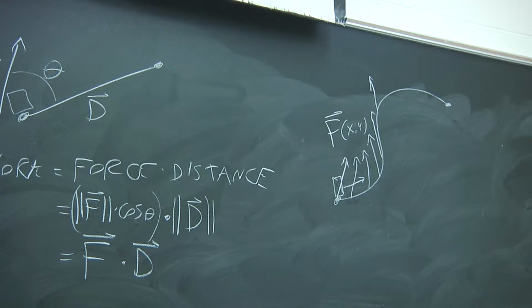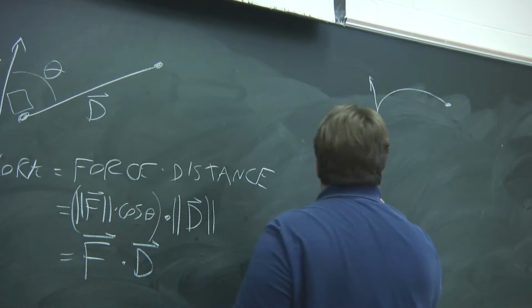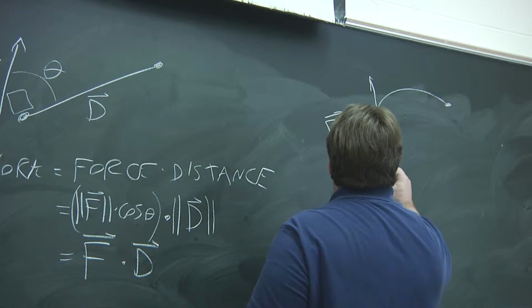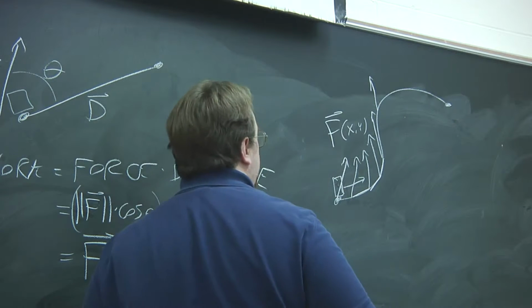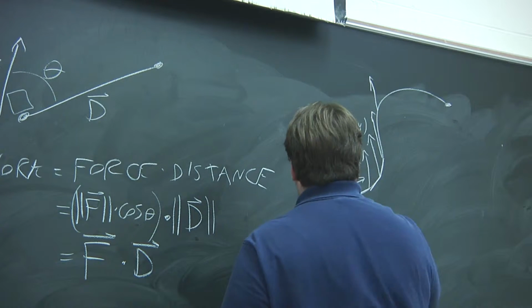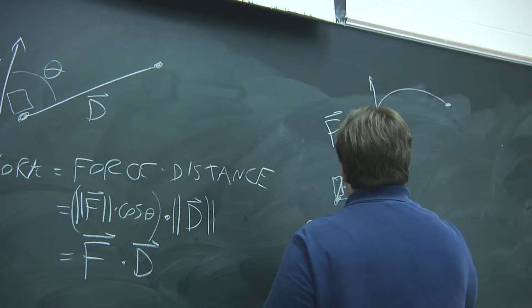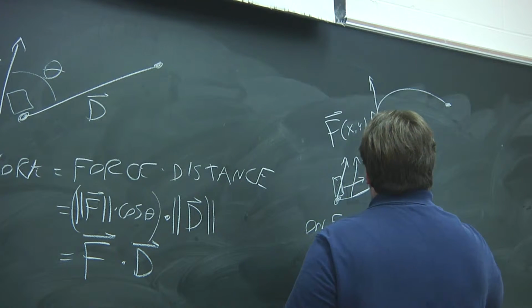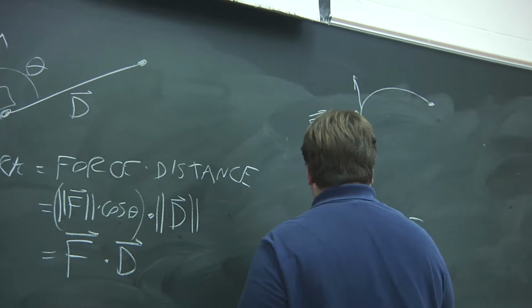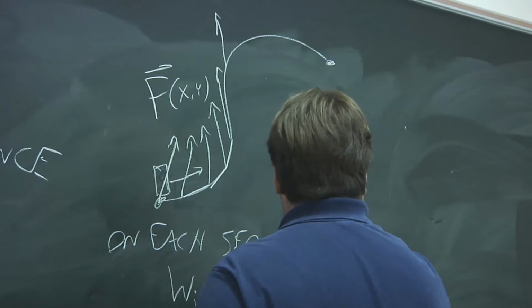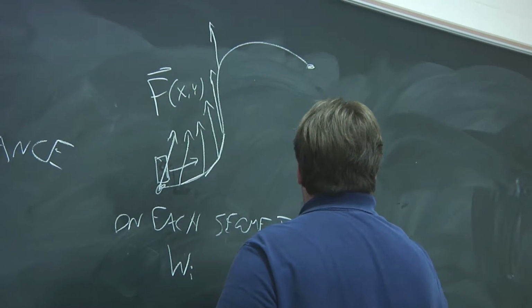So what you're doing to try to figure out what that would be is, like before, we're approximating the curve by line segments. So now along each segment, the work, we have n segments.